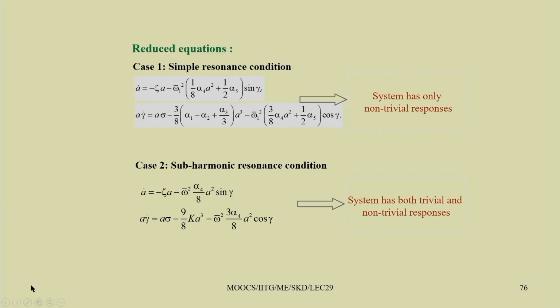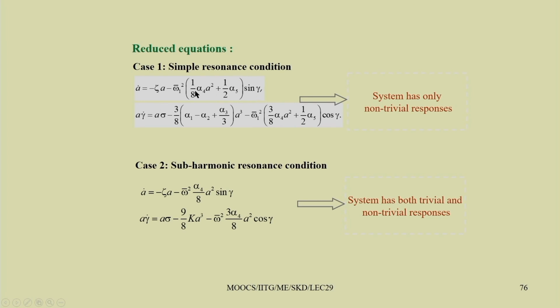In the case of simple resonance, we have two reduced equations. The system has only a non-trivial response. Here you can see, by substituting a dot equal to 0, you cannot take a common factor from here, because the last term, that is half alpha 5 sin gamma, does not contain that term.